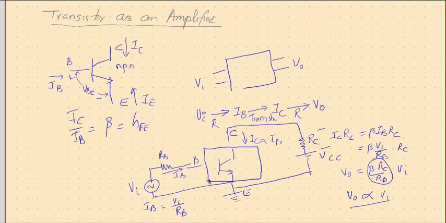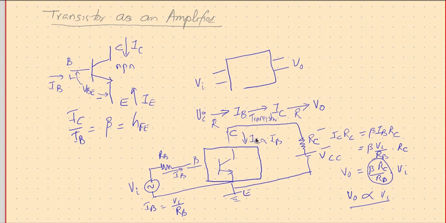Yes, this logic. Vi is converted into Ib. Ib gets amplified through the transistor as Ic. Ic will be proportional to Ib, and that is because of the internal structure of the transistor.